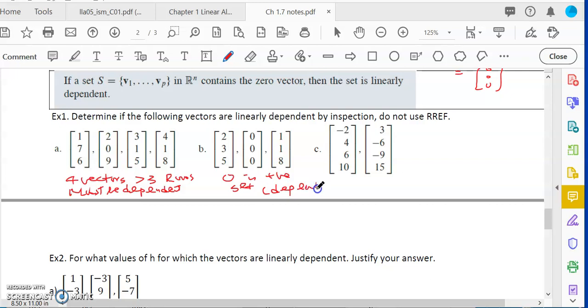This is Theorem 9: if it contains a zero vector, then it's dependent.